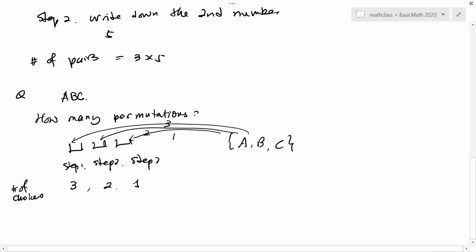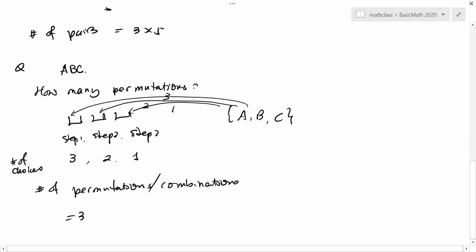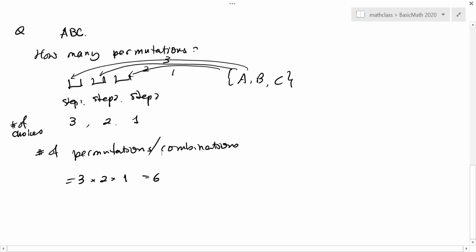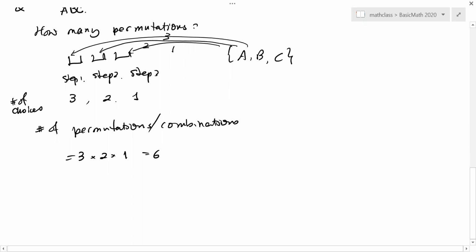The total number of permutations, the total number of combinations, is just 3 times 2 times 1, which is 6. You can write down all of them, like here, 3 steps, A, B, and C. 3 choices. In the case of A, you have A and B, and A and C. That's the second step.